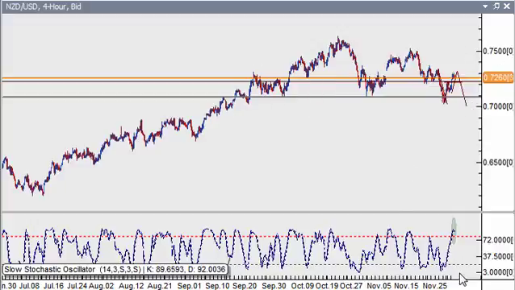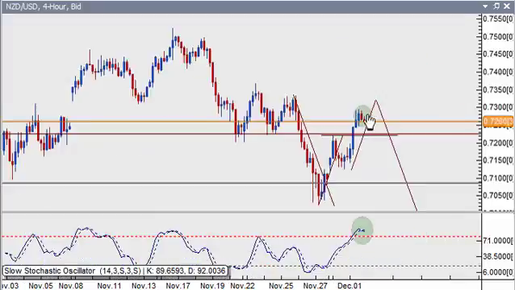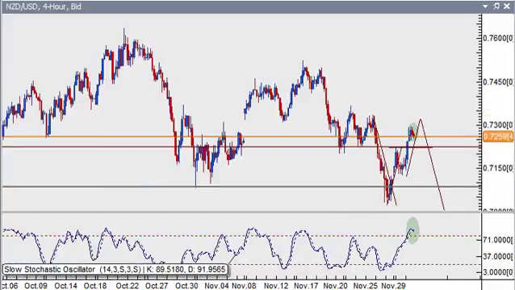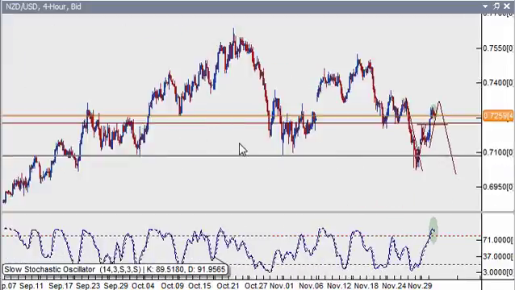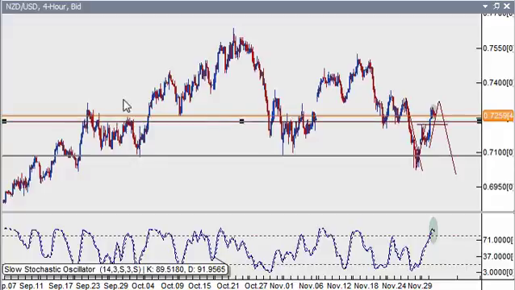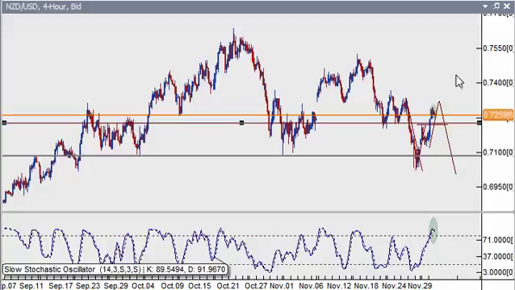At the moment, the market is sort of in the middle of this consolidation zone. In this shorter consolidation zone, this is a wide one, but we have a narrower consolidation zone here, and the market is basically at the bottom of it.